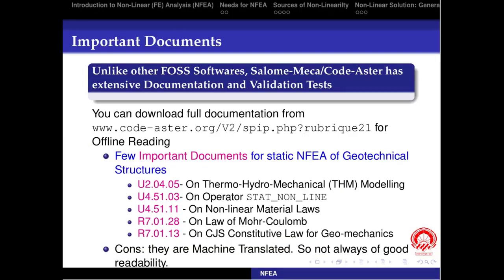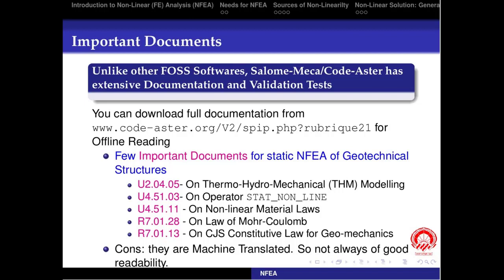Now, before ending, I want to draw your attention towards the documentation available in Code-Aster or Salome-Meca. Unlike other free and open source software, where it is relatively difficult to get good documentation answering all your questions, thanks to EDF, Code-Aster and Salome-Meca have very extensive documentation.